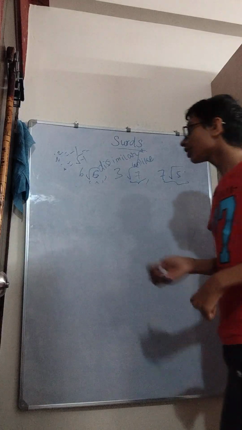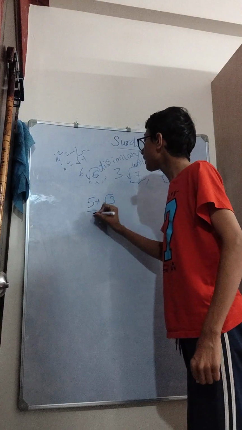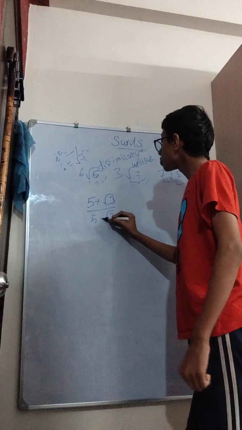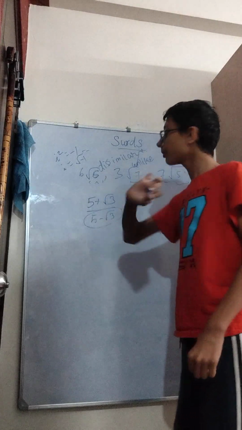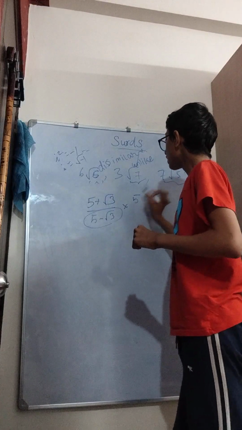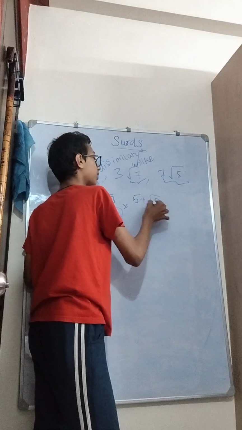So that's it. Then rationalization. Example: 5 plus root 3 over 5 minus root 3. Now I want to make this denominator a rational number, so I have to multiply by the conjugate. Now you ask, what's the conjugate?